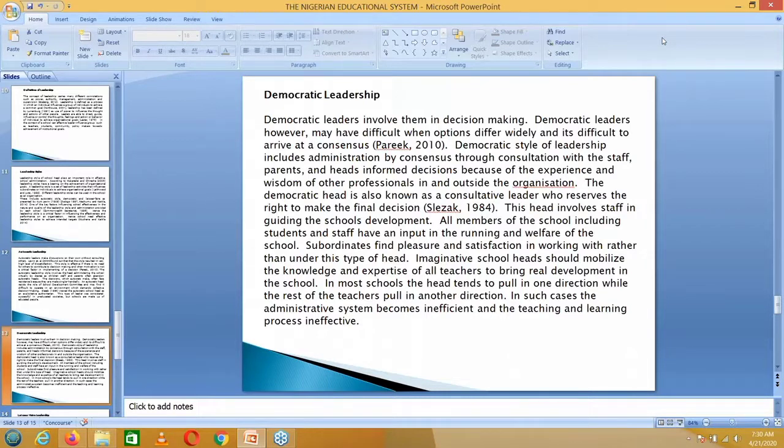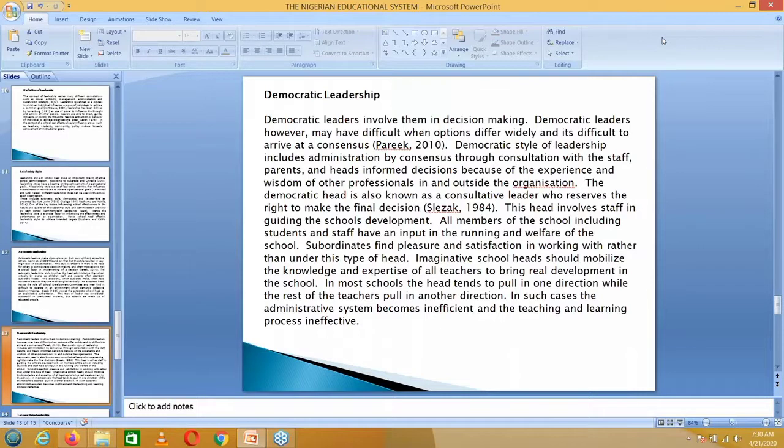The essence of this type of leadership is that the leader wants people to comment, wants people to bring their opinion about a decision before a general decision is made. So this head involves staff in guiding the school development. All members of the school, including students and staff, have an input in the running and welfare of the school.